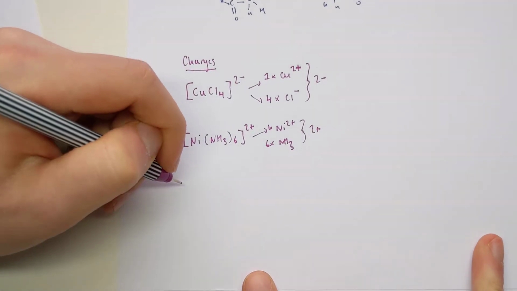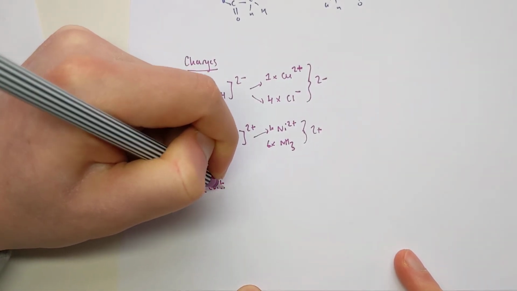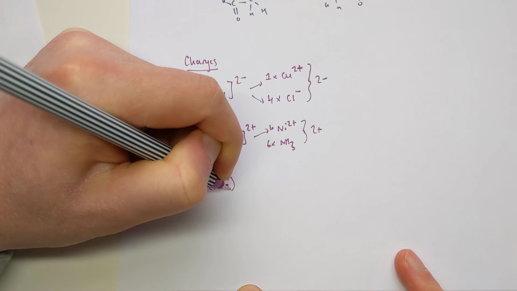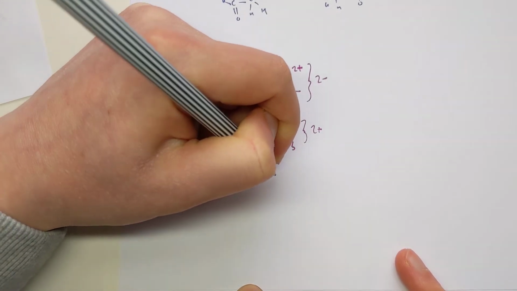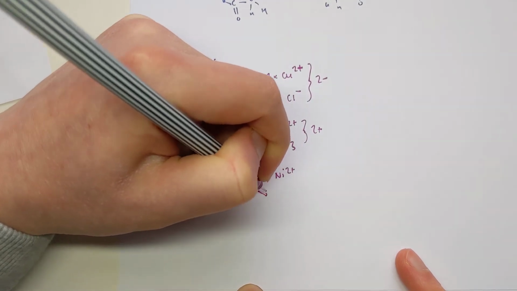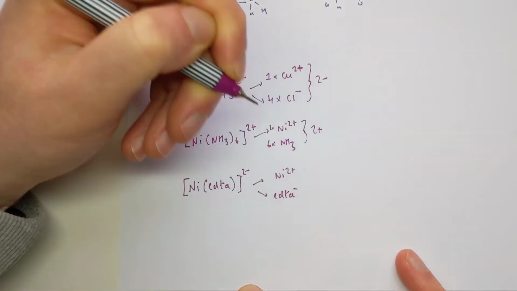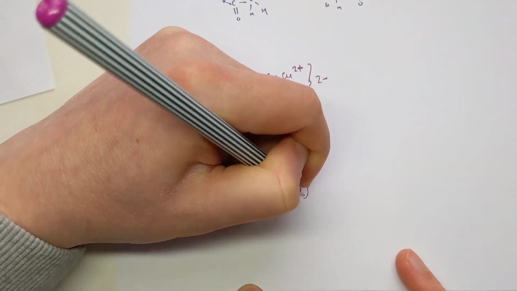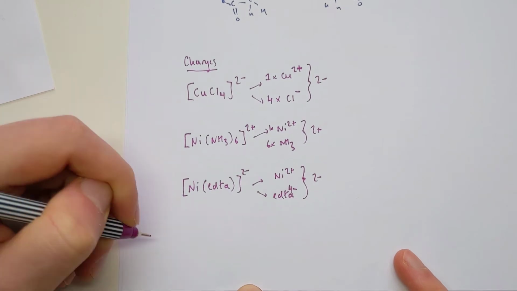One slightly more complicated example, if I look at nickel bonded to EDTA, as we'll look at later, it actually only needs 1 EDTA to fully form a complex. Again, nickel has a 2+ charge, EDTA has got a 4- charge from 4 ethanoic acids. That gives overall a 2- charge, 2+ and 4- is 2- overall.